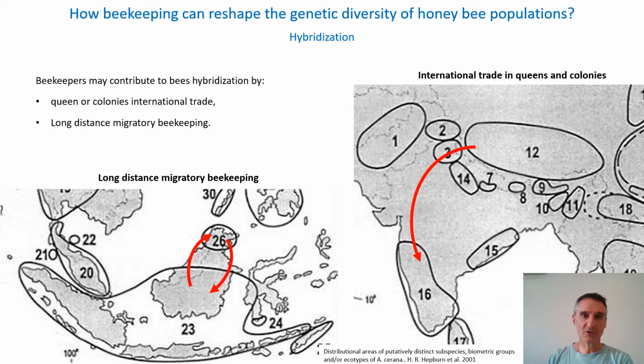Beekeepers may contribute to the hybridization of two bee populations by introducing queens or colonies originated from other subpopulations in their apiaries. International trade of bees and queens constitutes a big threat to bees' genetic diversity from this perspective. Moving colonies over long distances as part of migratory beekeeping may also bring two subpopulations in contact.